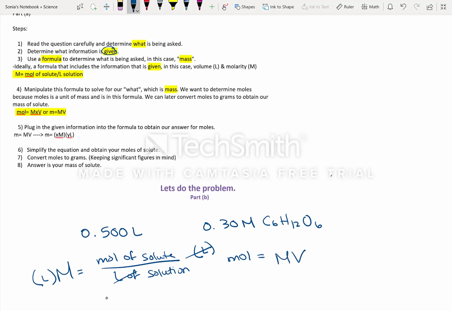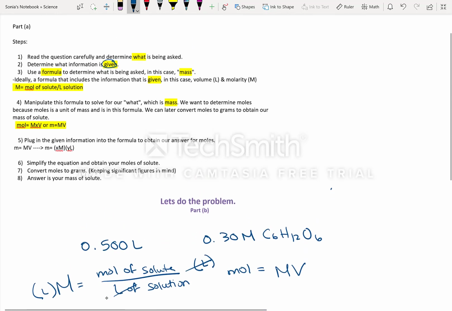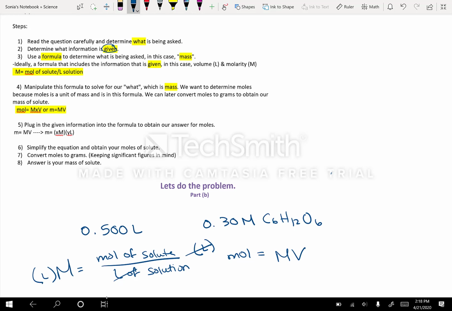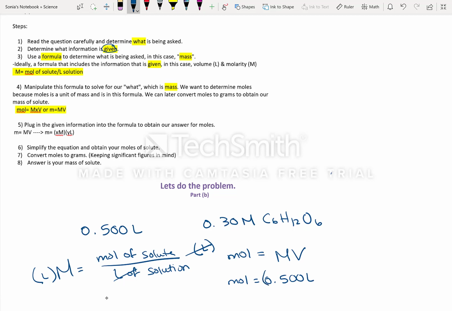Now that we have the formula manipulated in the way we need in order to obtain our moles, which will get us our mass, we can plug in the information that was given to us. Moles equals 0.500 liters times 0.30 molarity glucose.